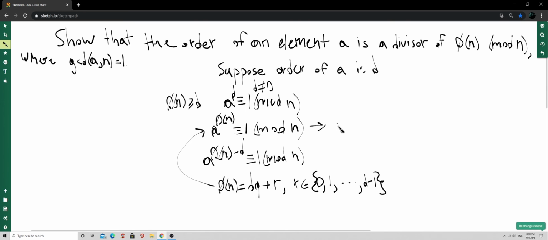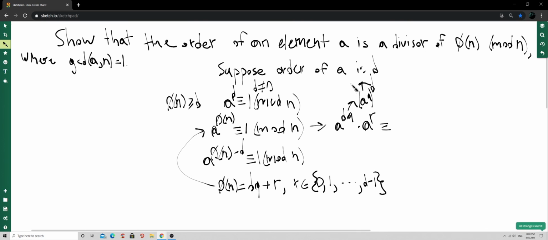And what that gives us is a to the d q times a to the r, which is congruent to, well, notice that this is the beautiful part, a to the d, to the q, but by definition, this value is actually going to go to 1.